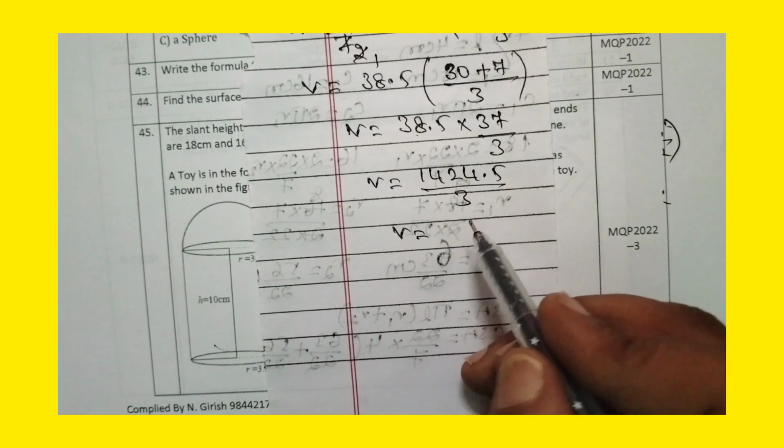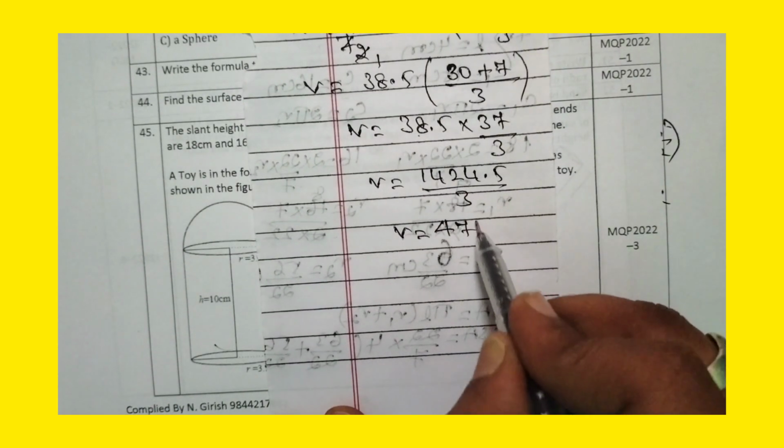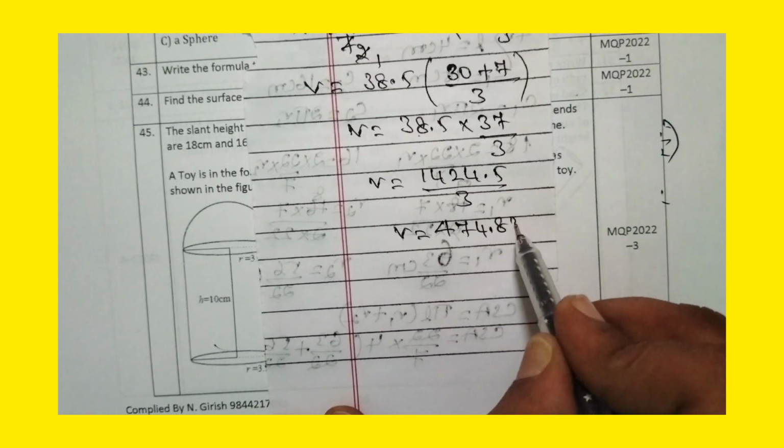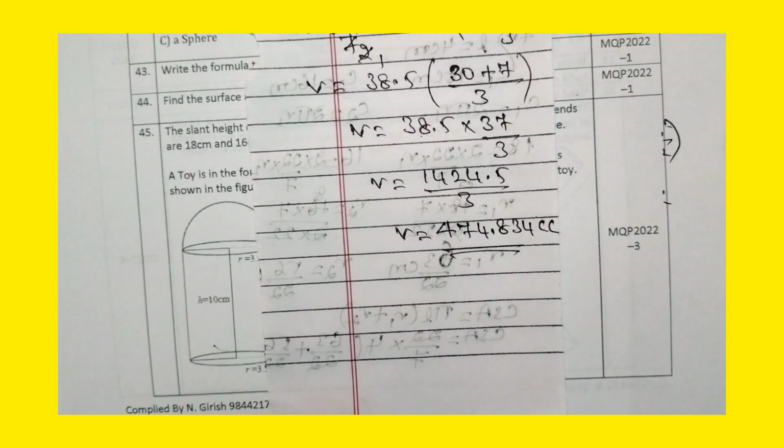If I divide by 3, we will get 474.834 cc. So this is the volume of the toy: 474.834 cubic centimeter. So like this we have to answer this question.